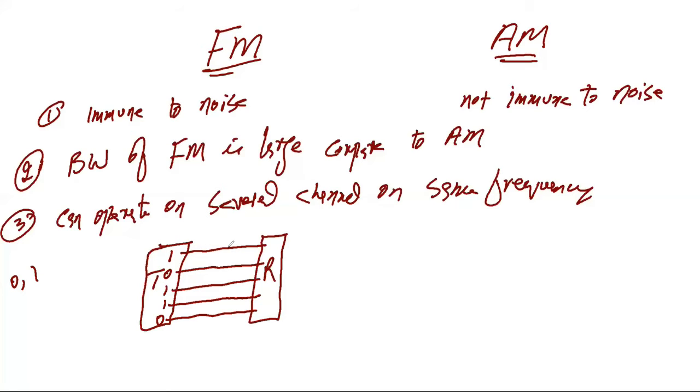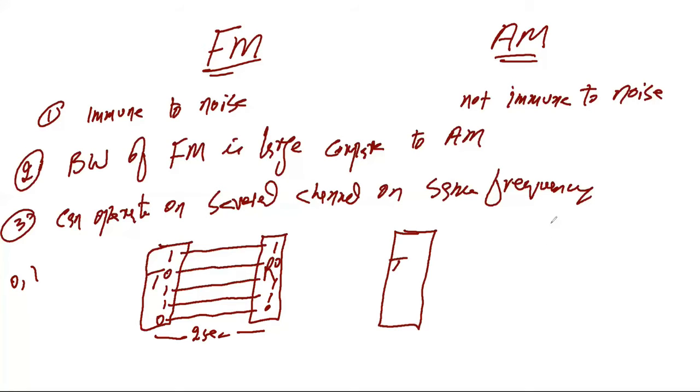If one bit takes 2 seconds to go from the transmitter to the receiver, then after 2 seconds you will find 10110 over here.